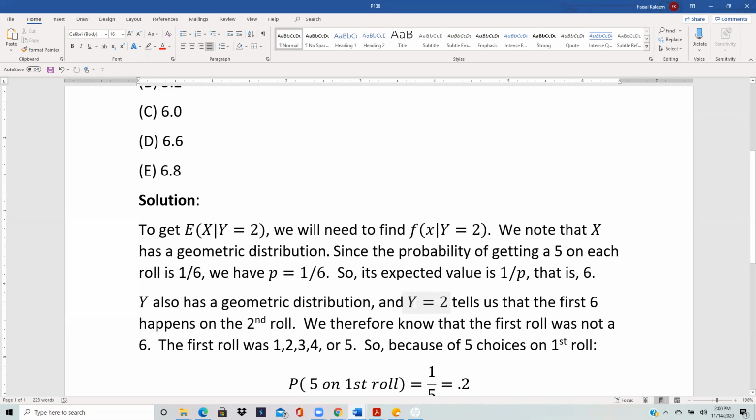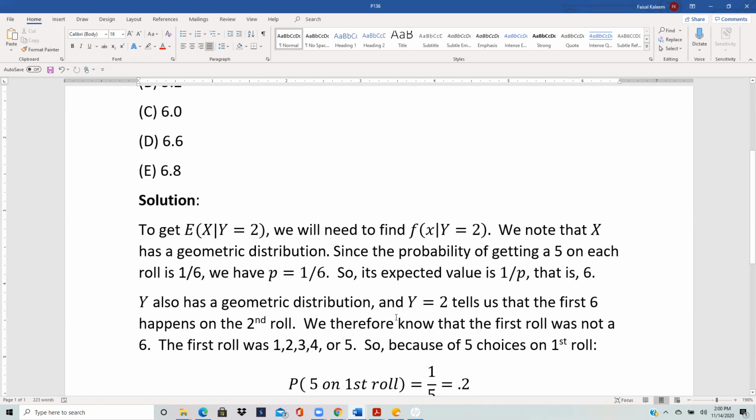This information is only used to get information about the main variable. The main variable is X because the expected value we need is for X, and Y given 2 is just one fixed constant.